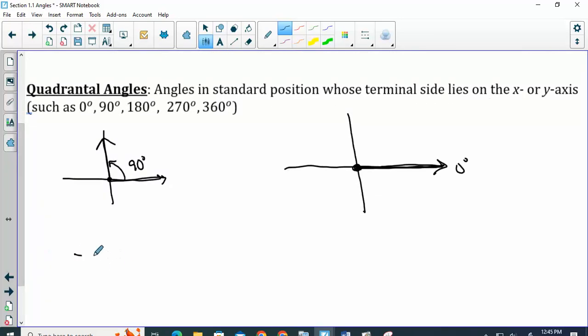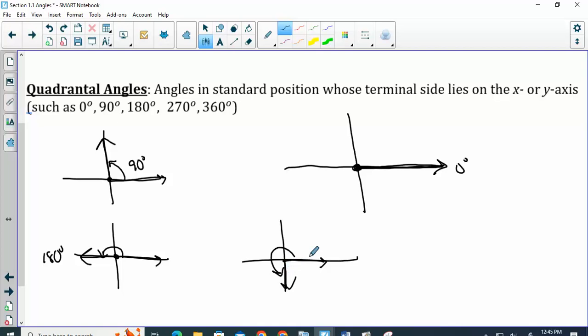If I drew one that started here and ended here, 180. If I went from here to here, so those are your quadrantal angles. Or if I go all the way around, 360. So if it ends on an X or Y axis, it's those multiples of 90. Those are considered quadrantal angles.